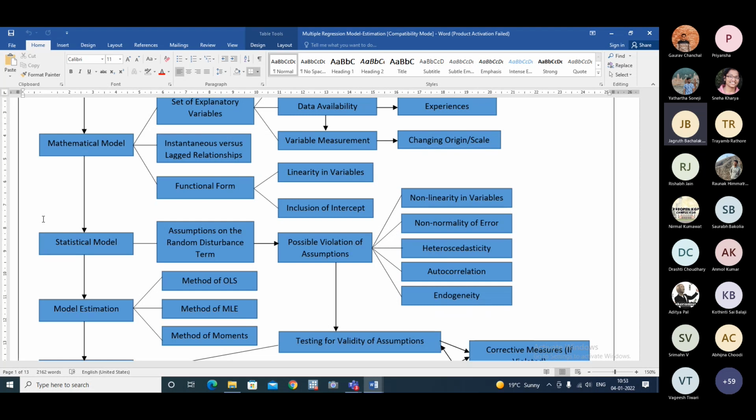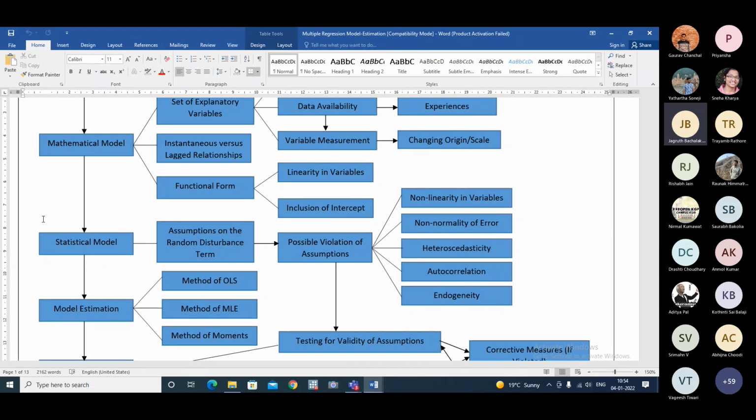We also assume that for successive observations, this random disturbance term is pairwise independent. We also assume that it is independent of the explanatory variable or variables. So there are certain assumptions about the random disturbance.